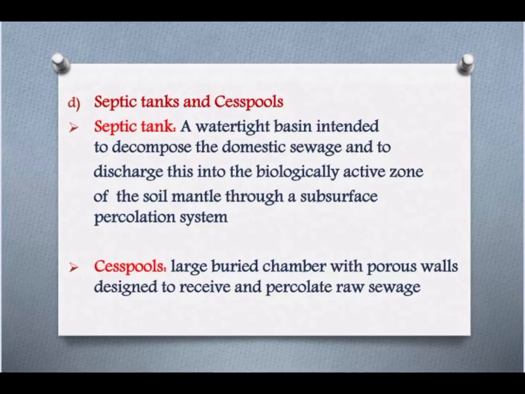A septic tank is a watertight basin intended to decompose domestic sewage and to discharge it into the biologically active zone of the soil mantle through a subsurface percolation system, while a cesspool is a large-bore chamber with porous walls designed to receive and percolate sewage.